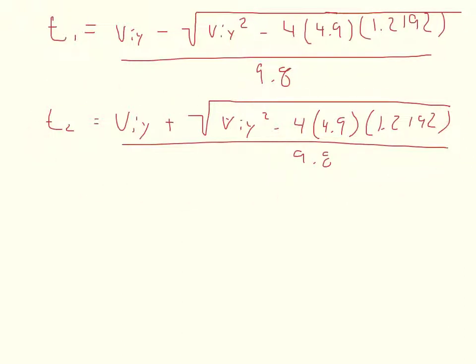The first thing to note is that if the square of the initial velocity in the y direction is equal to 4 times 4.9 times 1.2192, then you get 0 under the root. So you would have the same answer on the top and the bottom. If this all equaled 0, t1 would equal t2.